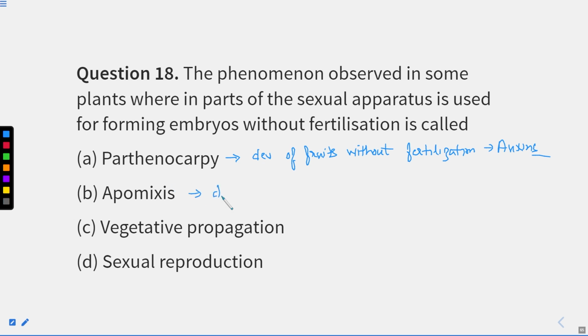Apomixis is the development of seeds, again without fertilization. Vegetative propagation, you already know, is a kind of asexual reproduction. And sexual reproduction, you already know, involves formation of gametes and then fusion of the gametes.